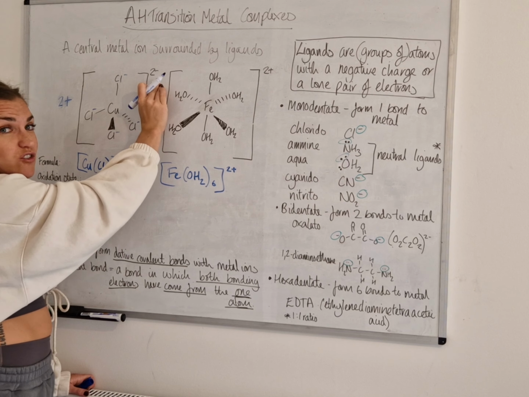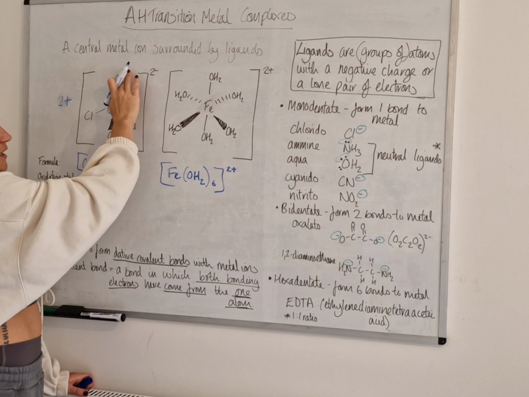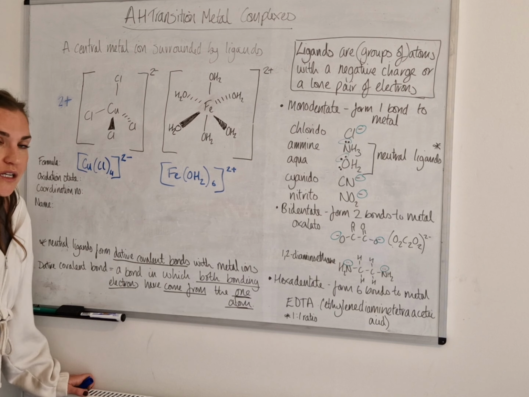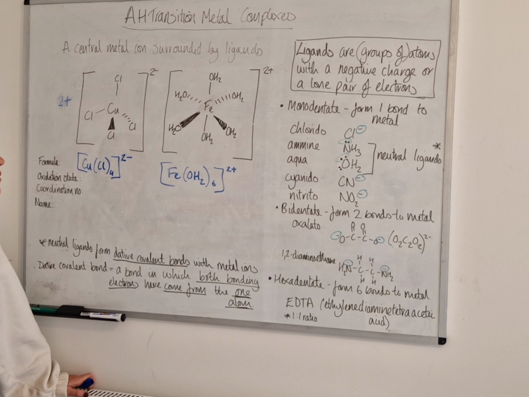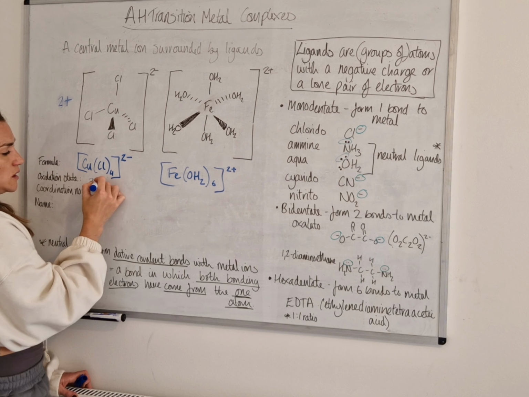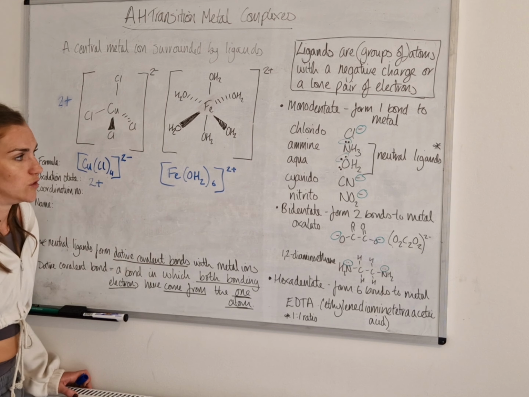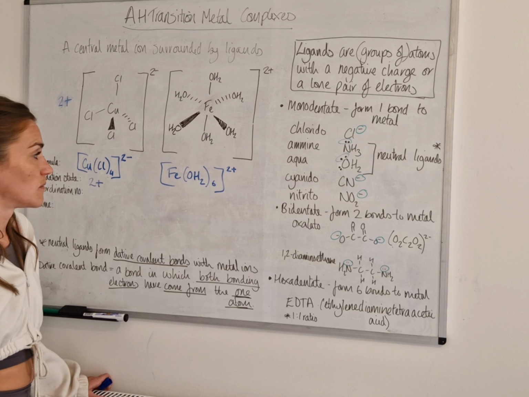It's like extra electrons you can use. So that's how I tend to work out the oxidation state. There are slightly other ways to do it, but that's just the way that's worked for me in the past. So the oxidation state of the copper in this complex would be 2 plus, or you can write it as plus 2, but it's essentially what the charge of the metal is.